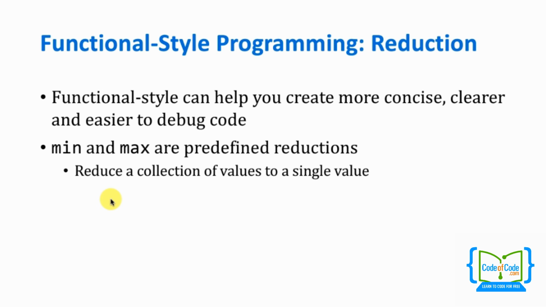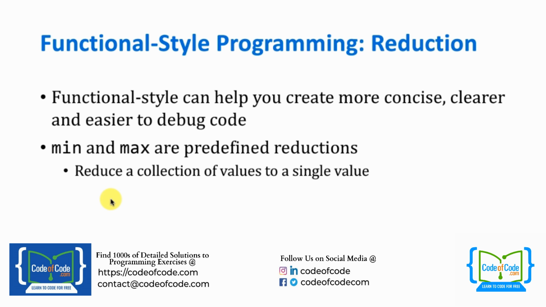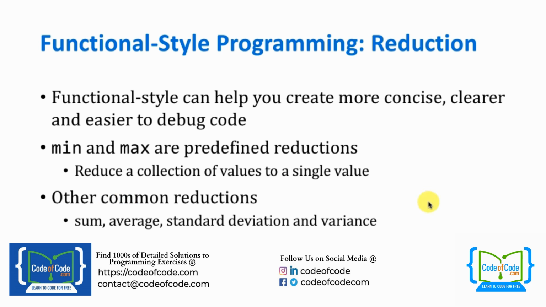So min and max are predefined reductions. Again, they reduce a collection of values to a single value. Some of the other common reductions that we're going to take a look at starting in the next lesson are things like the sum of the values. So when you add together all of the items in a collection, you get a single result. Same thing for the average of those values.